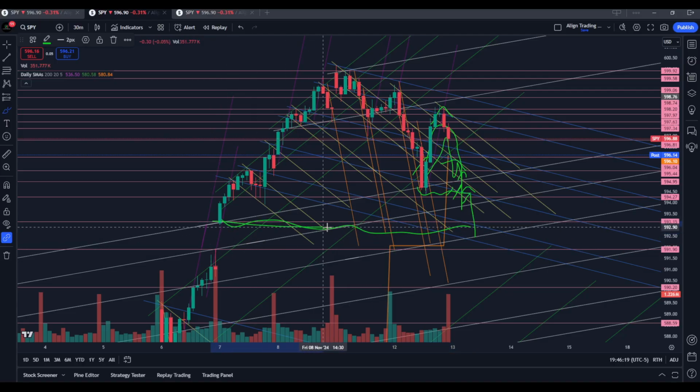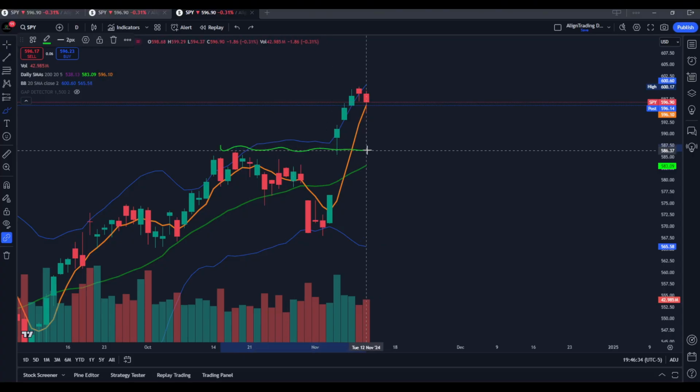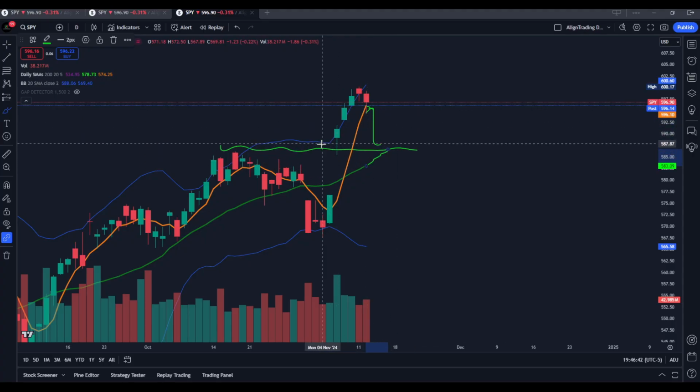And if we can break that 593, look for this gap to close right here. And then just on the longer term, right, as we talked about with this, if we do not get that bounce right here, possibly be looking for a move back to the downside here. And if we can hold below that 5-day, right, can't regain it, well, the move is going to be back to this 20.